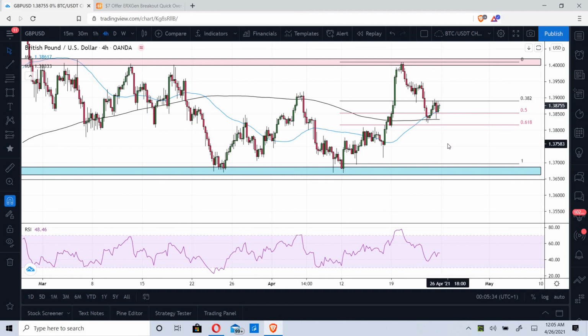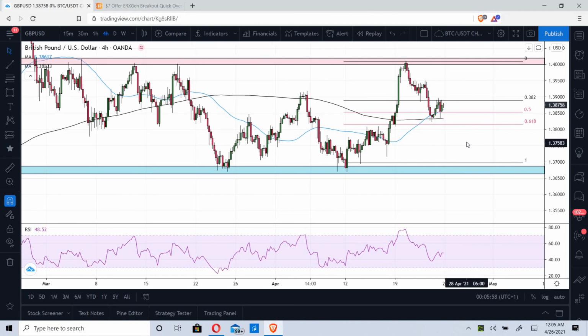So now I'm going to show you how to set your stop loss. We're going to set our stop loss at this 61.8% Fibonacci level, slightly below it, where you can see there is a structure level.